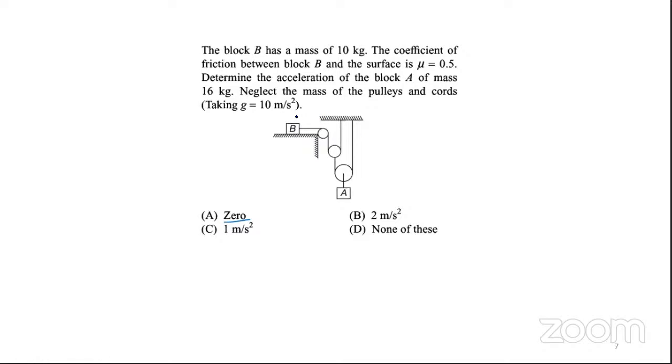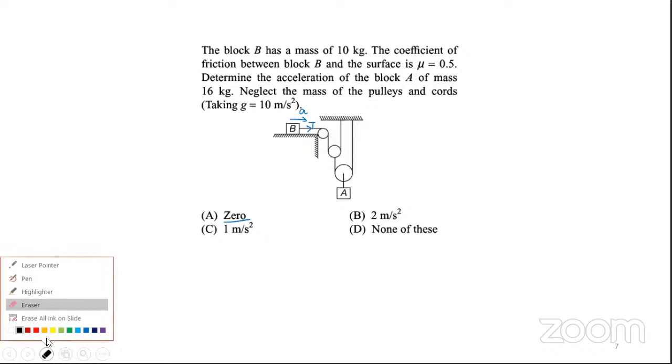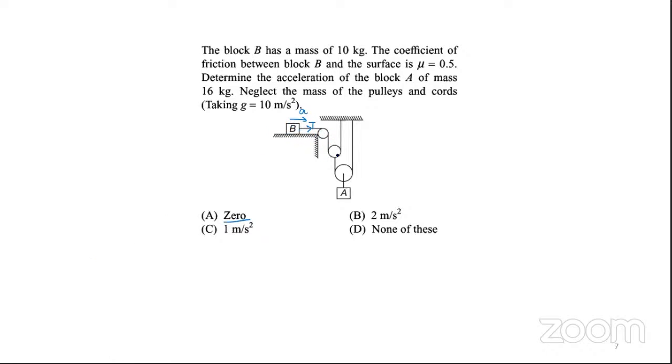If B moves with acceleration A, so this pulley will go down with acceleration A by 2, and this mass A will move down with acceleration A by 4.